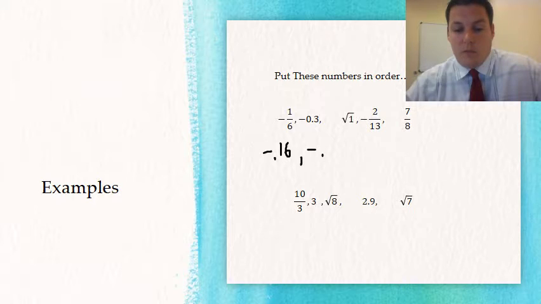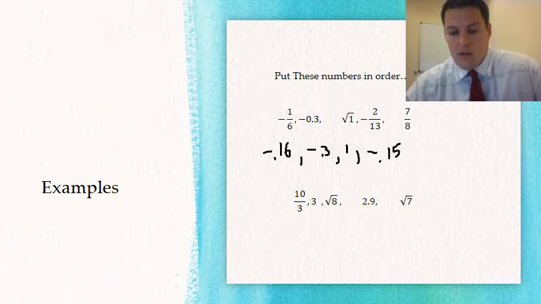We have negative 0.3, the square root of 1, which is just 1, negative 2/13, which is approximately negative 0.15, and then we have 7/8, which is approximately 0.875.